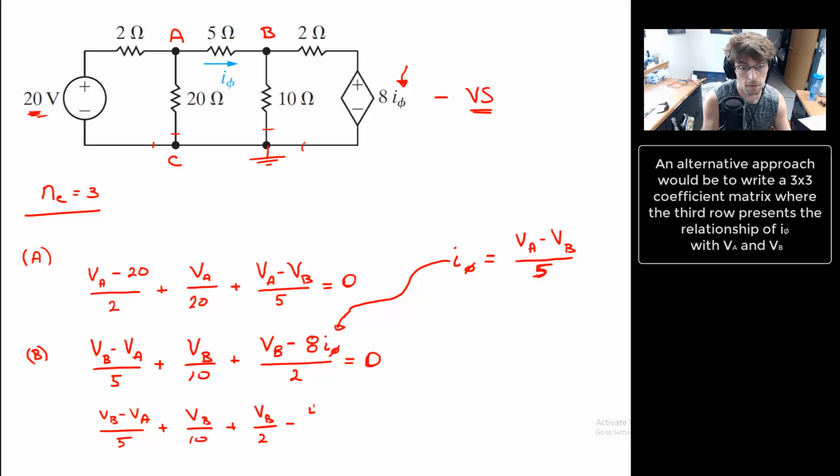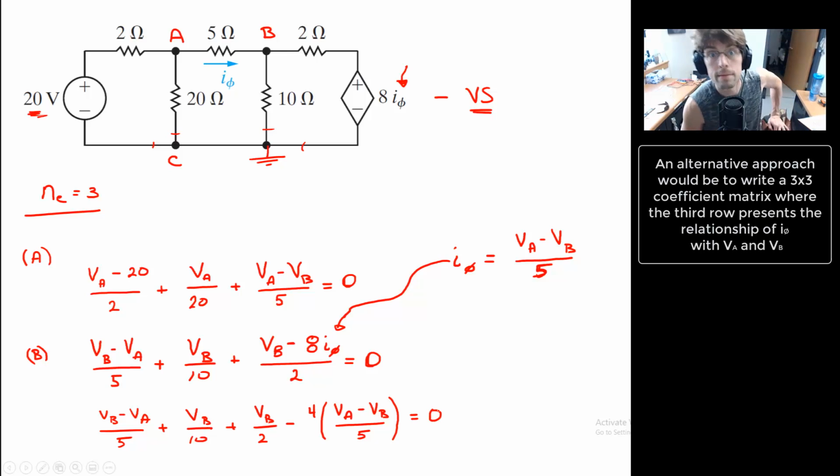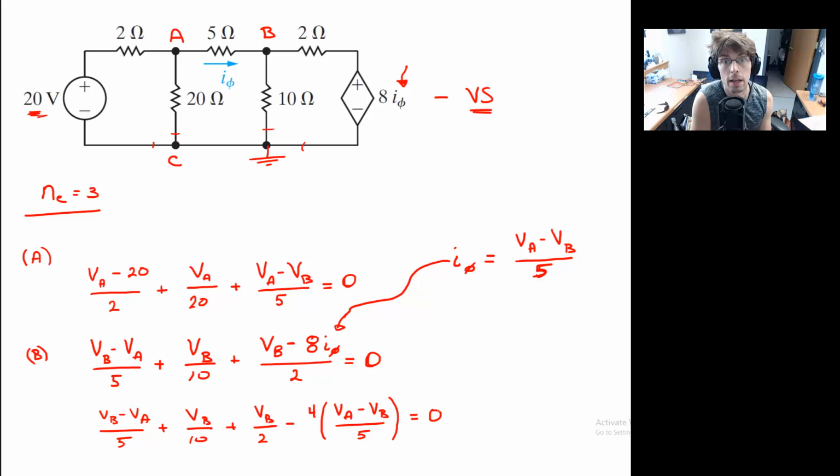So we have 4 times I phi, VA minus VB over 5. And that whole rigmarole equals 0. Okay? So let's go ahead and I'll rewrite this on the next page and we can go ahead and solve.